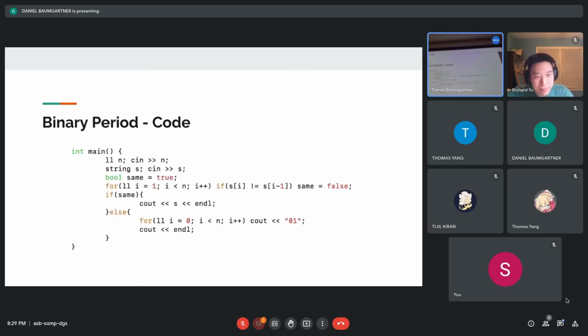So now we're gonna do the code again. It's just what you would expect. Again, nothing too fancy. For loops and if statements. That's pretty much all we have to do here. Another thing: the way you access characters in C++ strings is the same way you would access elements in an array.